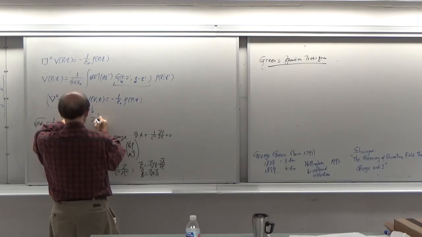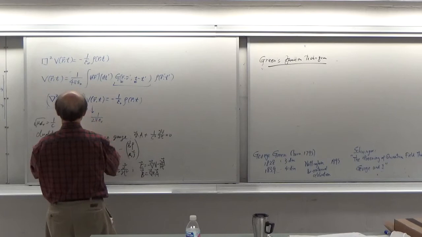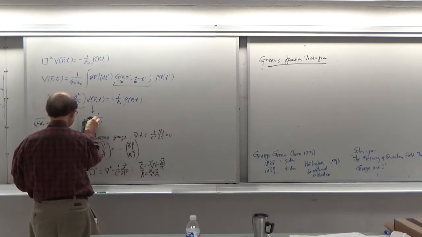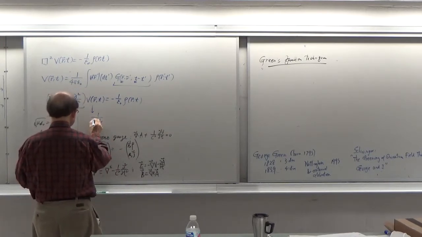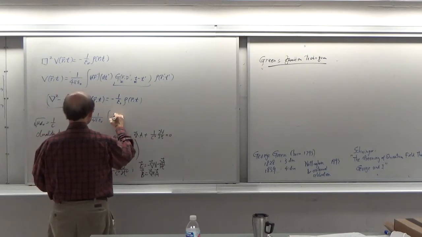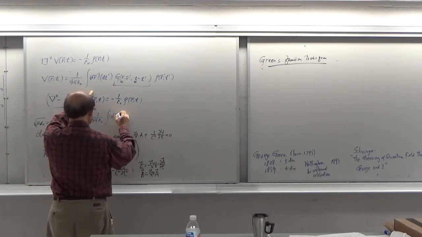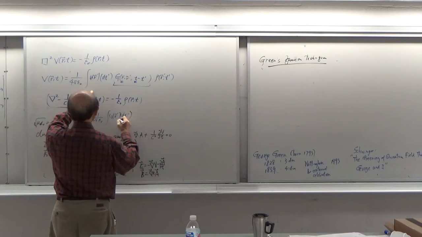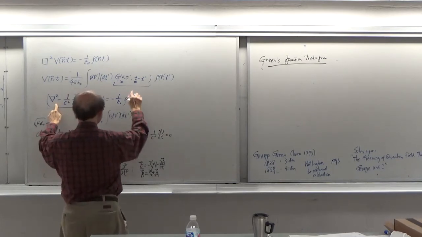1 over 4 pi epsilon naught, integration over r prime and t prime. This acts on that.